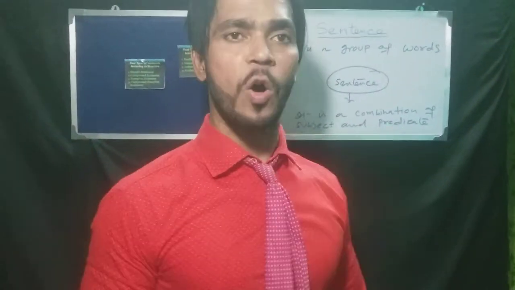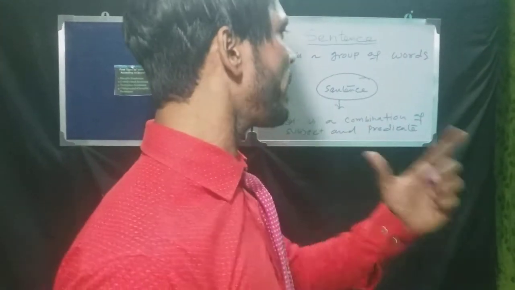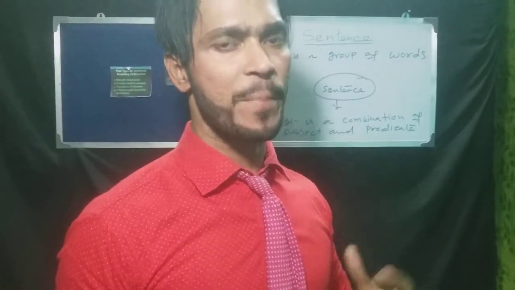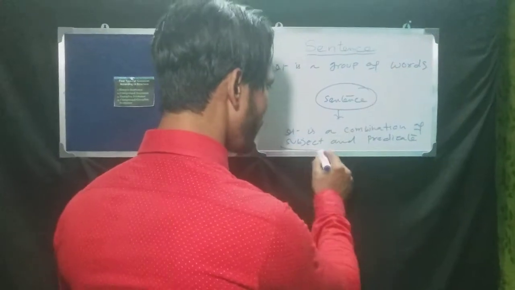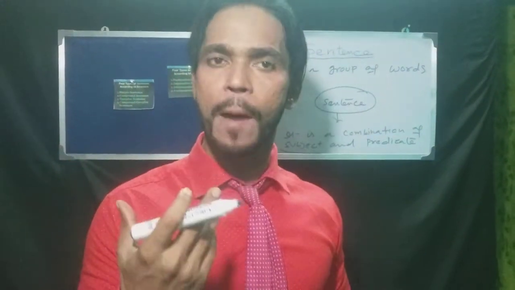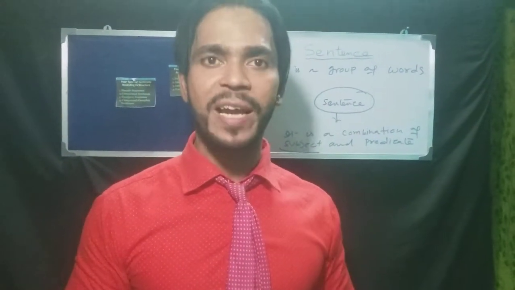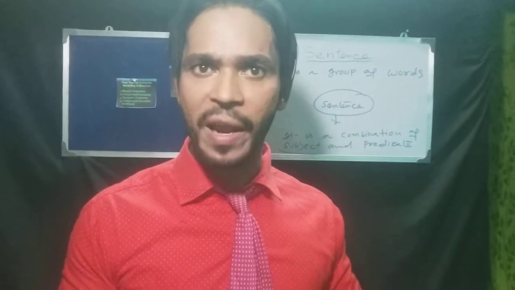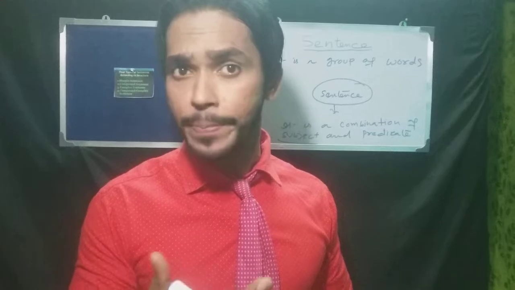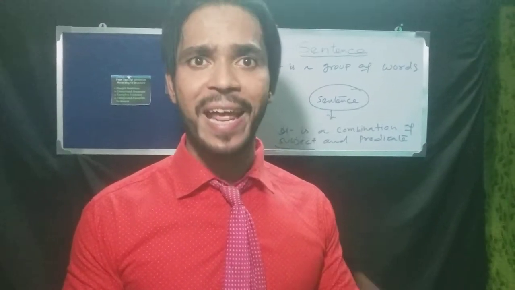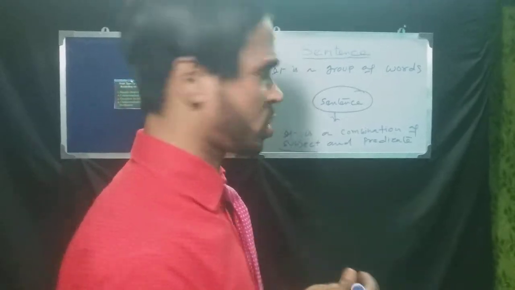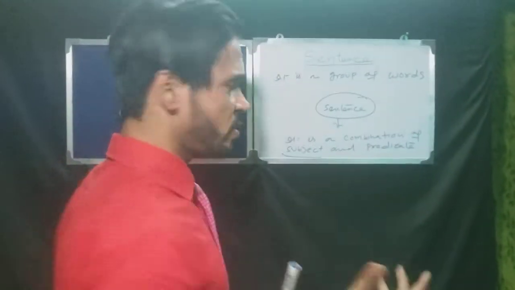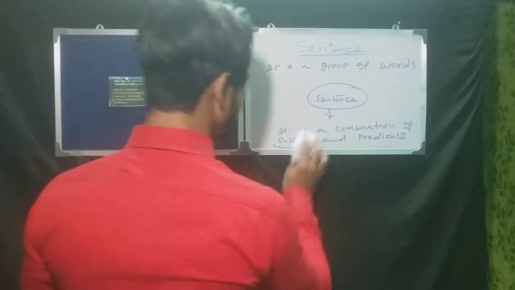Another characteristic of a sentence is that it's a combination of a subject and a predicate. Now, what is a subject and what is a predicate? Subject is the doer of action and predicate is a combination of verb and object, stating a statement about the subject. Let's check it out in an example.